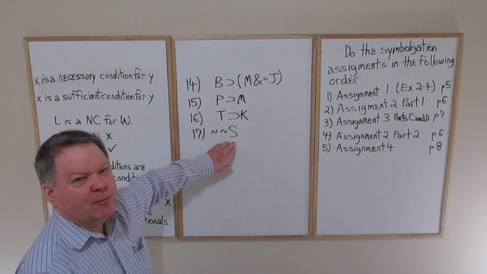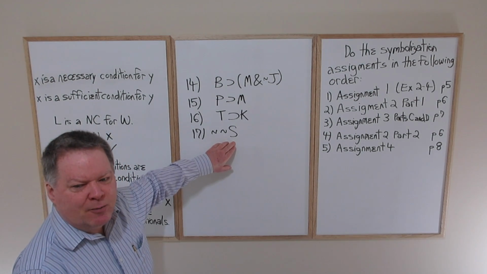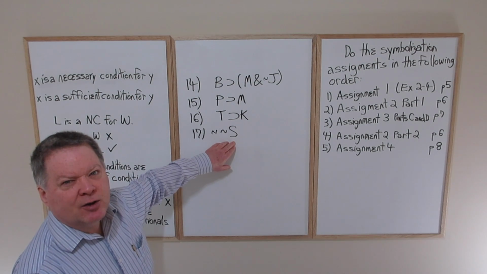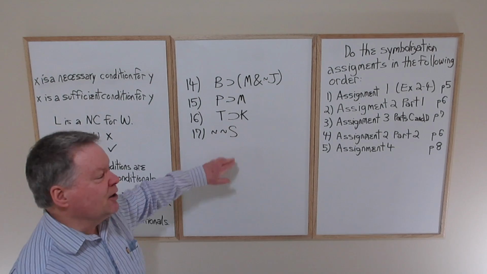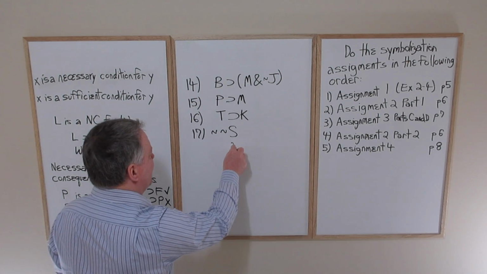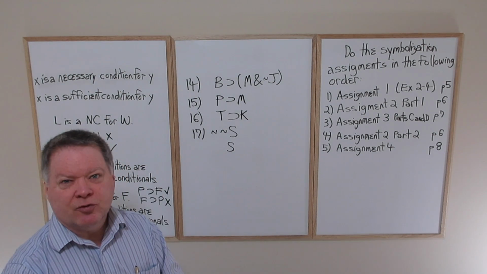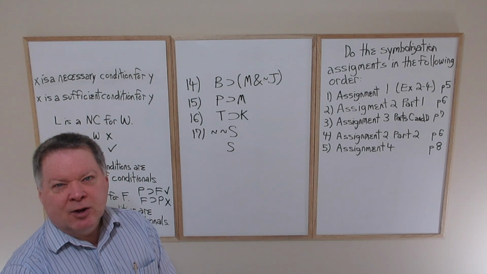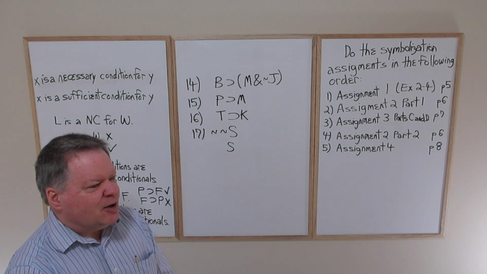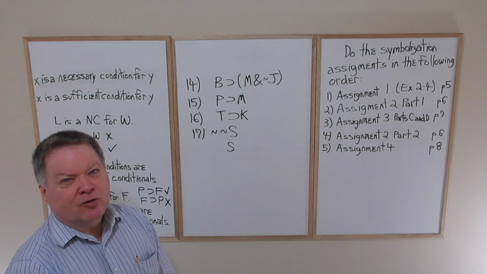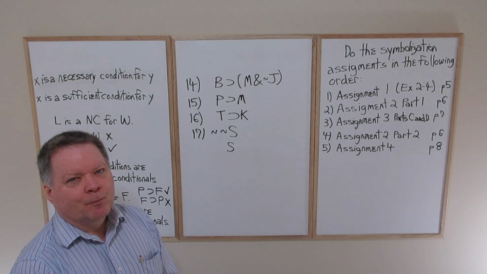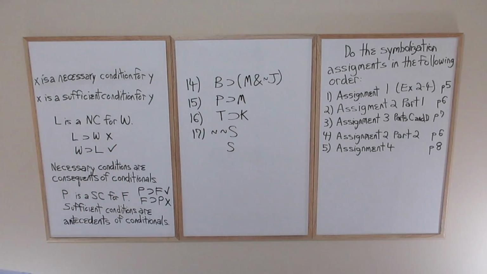And a correct symbolization is a symbolization that exactly specifies the underlying logical implications of the English sentence. So, tilde tilde S would do it, but so, of course, would S. Because to say it's false that Santa doesn't exist is the same thing as saying Santa does exist. Okay.